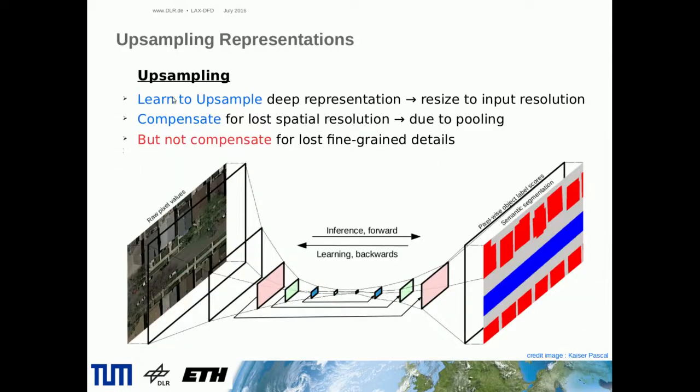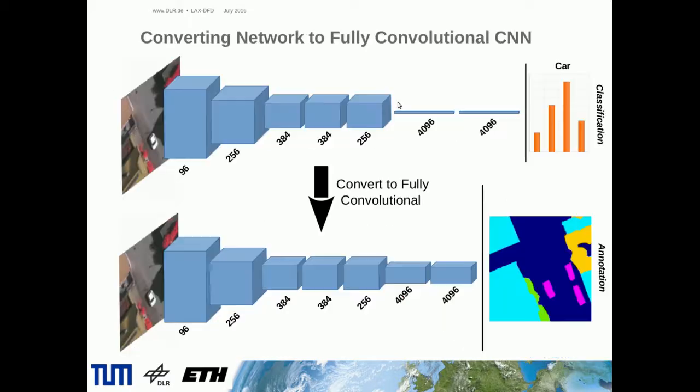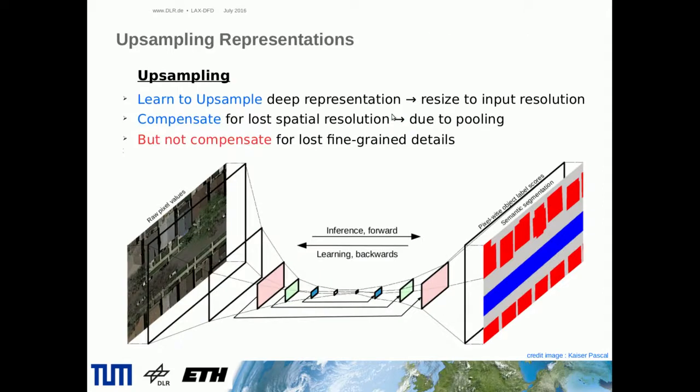Further on, what we need to think about is upsampling. Upsampling practically learns to resize a deep representation into the input resolution, and this compensates for the lost spatial resolution due to the pooling as we shrink, but it doesn't compensate for the very fine-grained details which were lost.